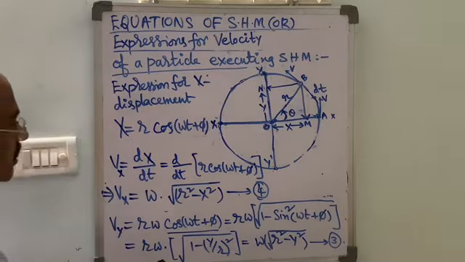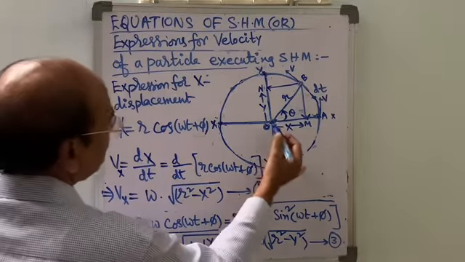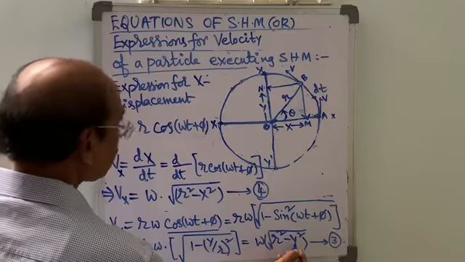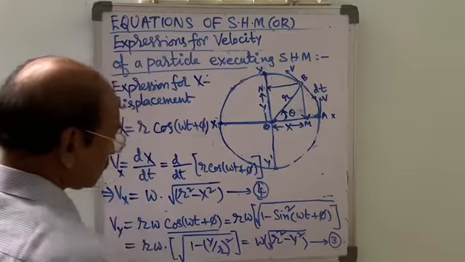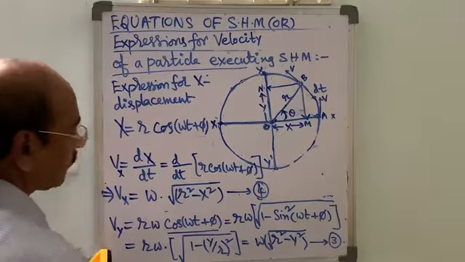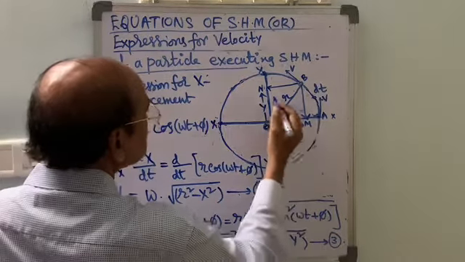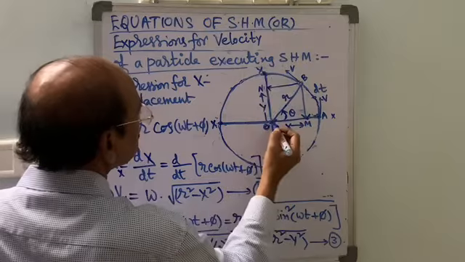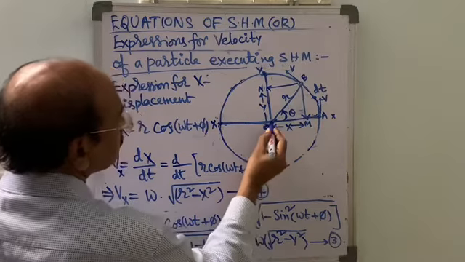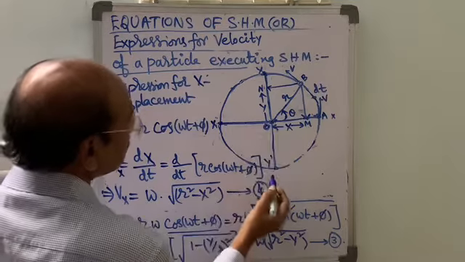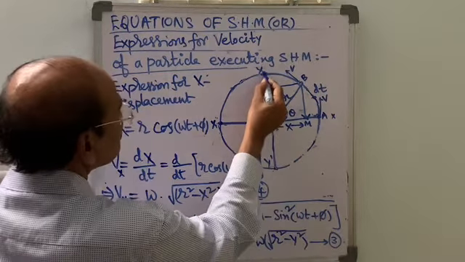So from these expressions, maximum velocity is obtained at O, where y displacement is 0, and at the tip velocity is 0.